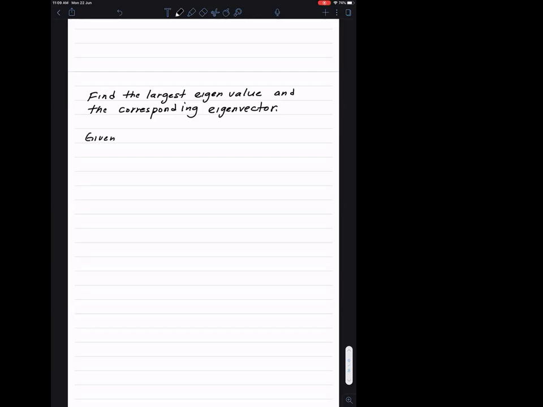Given this matrix, find the largest eigenvalue and eigenvector.